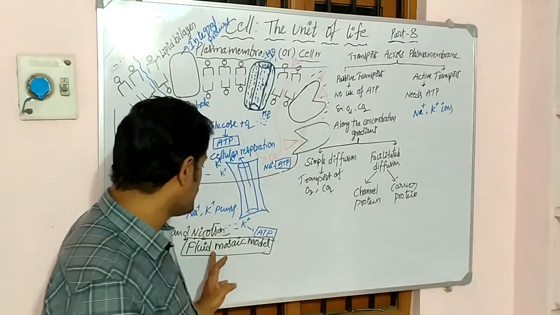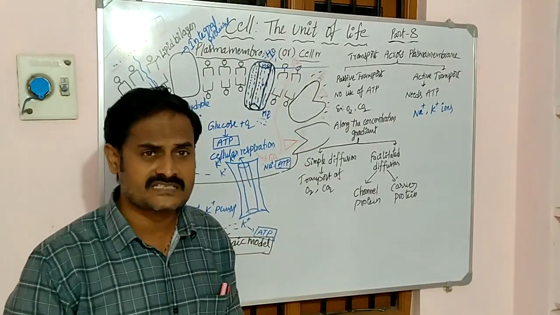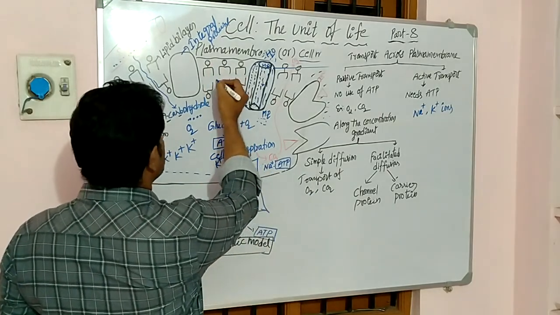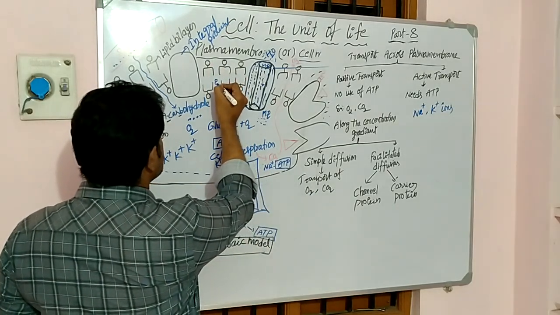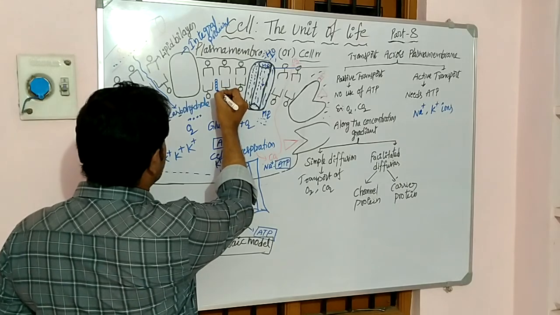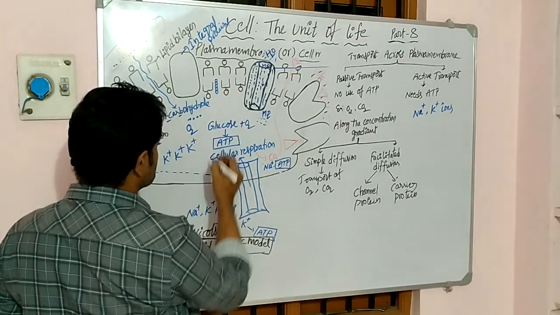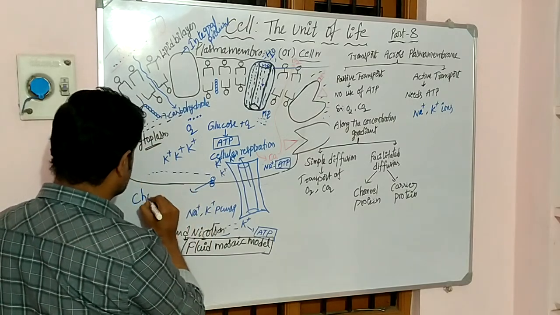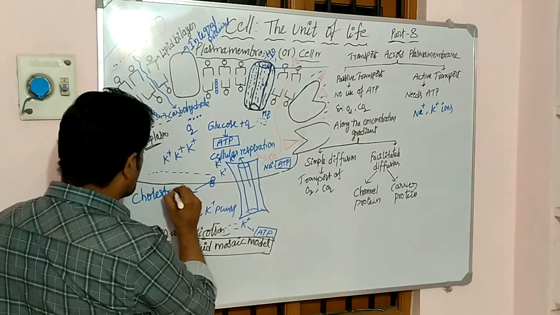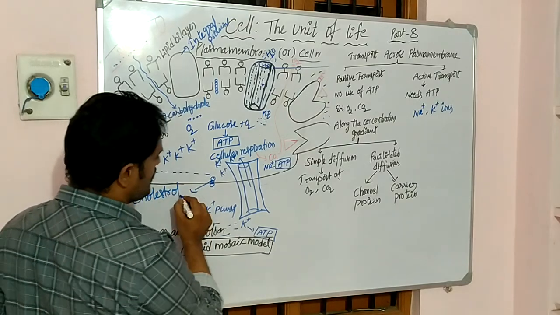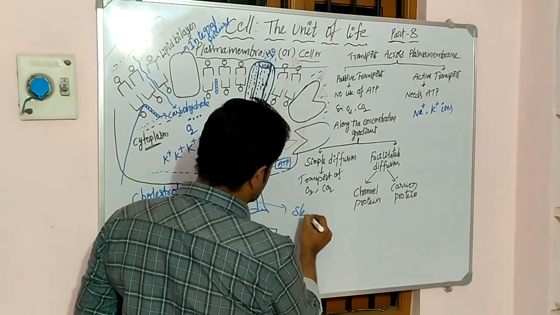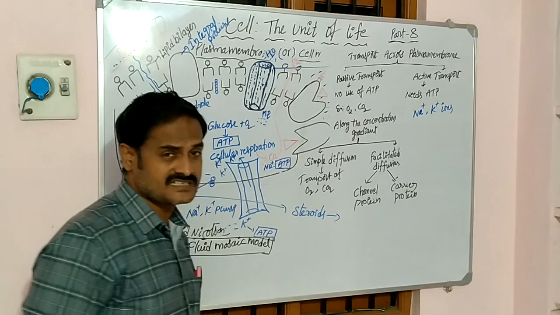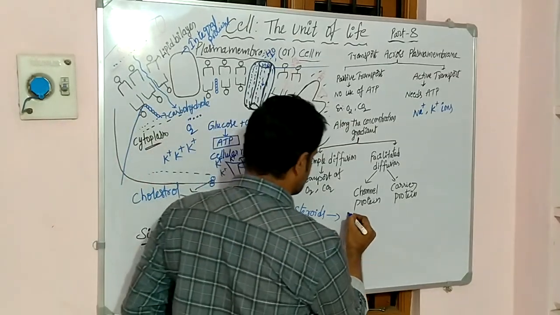Why is it called fluid? See, in the plasma membrane some cholesterol is present here. This is called what? Cholesterol. Cholesterol is also a steroid. Steroids, we already discussed in the previous class, are lipids.